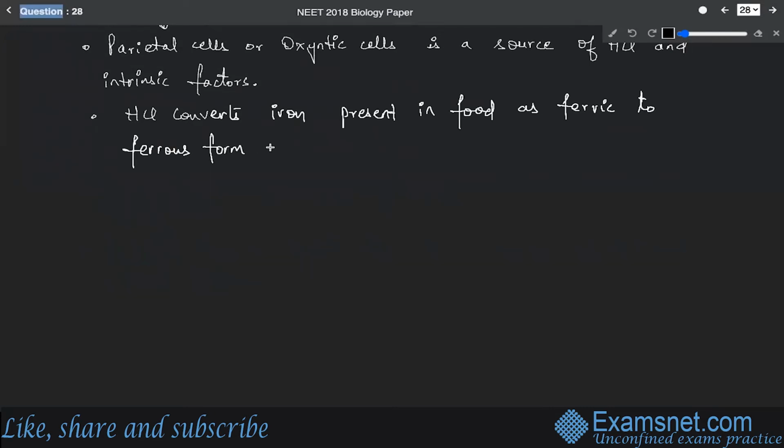Ferrous form, which is Fe2 plus. Ferric is Fe3 plus form.